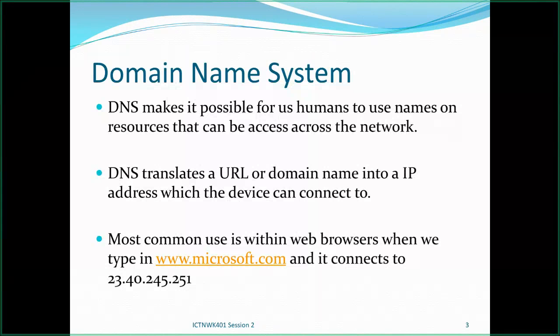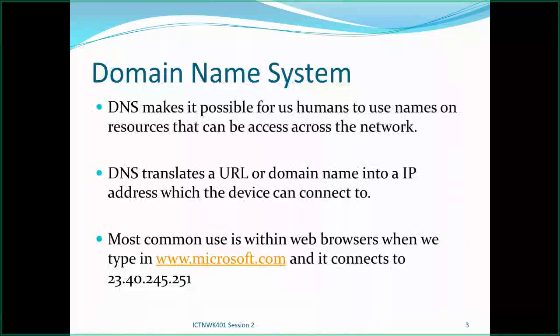we type in a name and it looks locally to see whether it knows a translation for that name into an IP address. If it doesn't know, it will send a request out to have that translated.